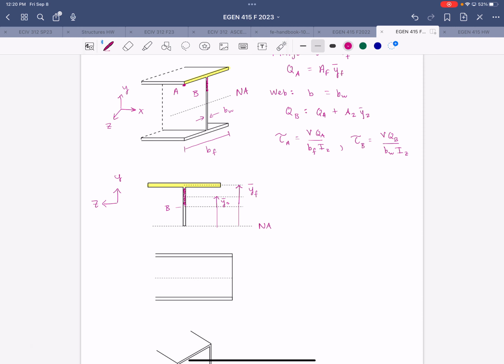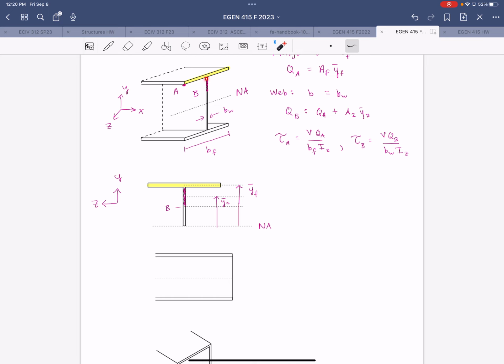So then if we wanted to draw the shear stress profile, those are the 2 points that we would need to, I take that back. There's another point we would need to calculate. We considered point A, which was within the flange, at the bottom of the flange, but the shear stress is going to change significantly as soon as we enter into the web.